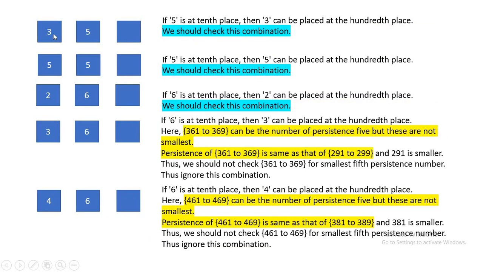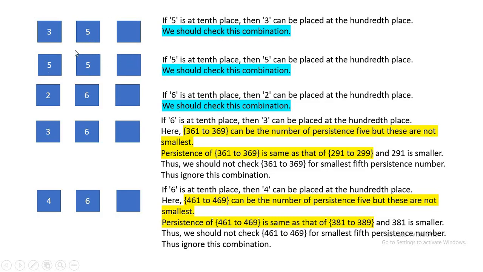Now keeping 5 and 3 here. Yes, this combination needs to be checked, because this is not lying below 260. This is an eligible fifth persistence number, and we can't find any other number which is lesser than this combination. So this combination is allowed.